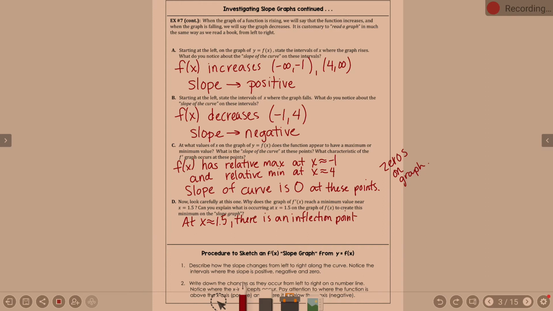So there's an inflection point, where the graph is changing from concave down to concave up.